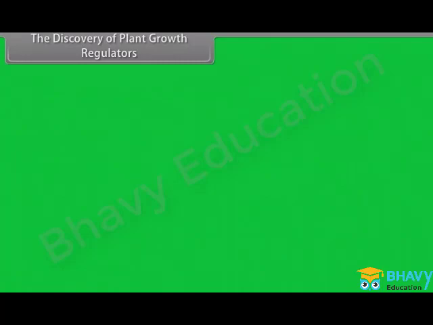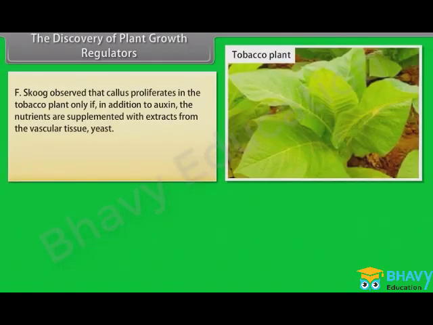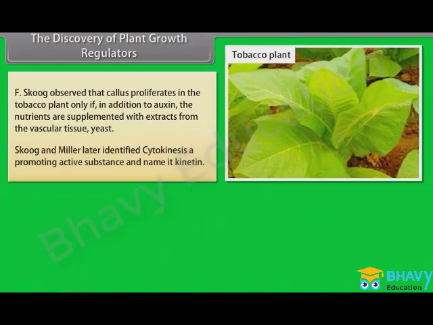The discovery of plant growth regulators. F. Skoog observed that callus proliferates in the tobacco plant only if, in addition to auxin, the nutrients are supplemented with extracts from the vascular tissue or yeast. Skoog and Miller later identified the cell division promoting active substance and named it kinetin.